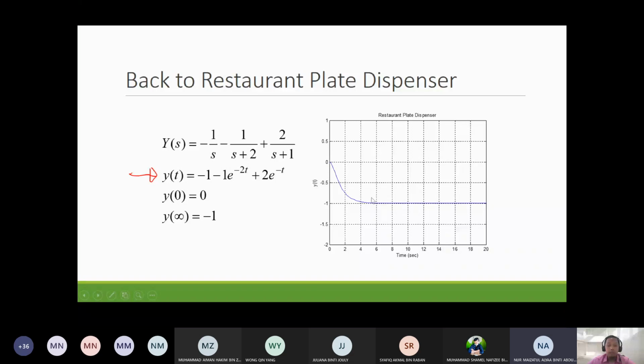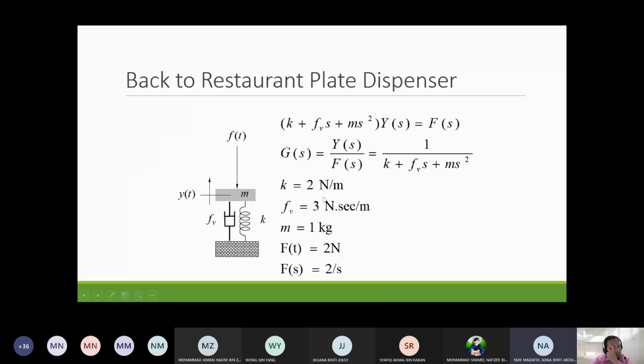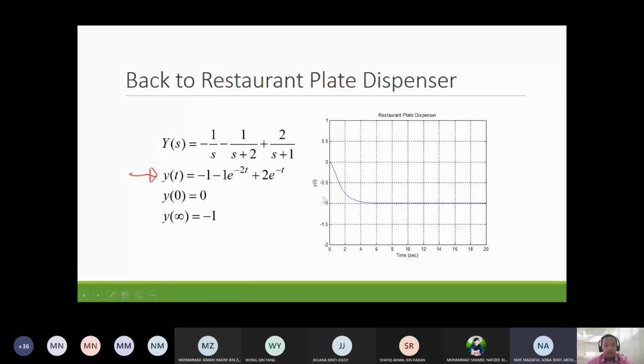From the graph here, we can see that the position y(t) is actually increasing, okay, whatever. It's actually increasing until a certain time, about 8 seconds. Then the position will become constant.